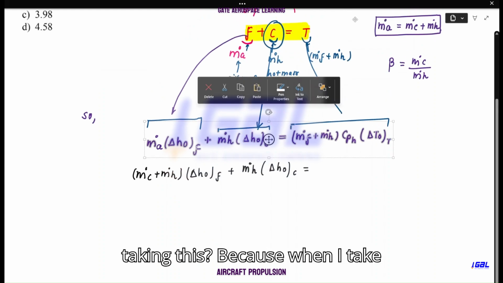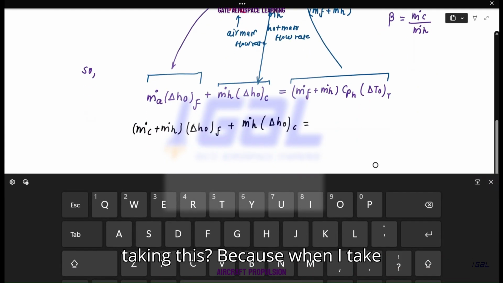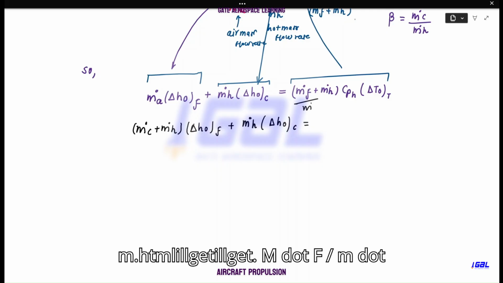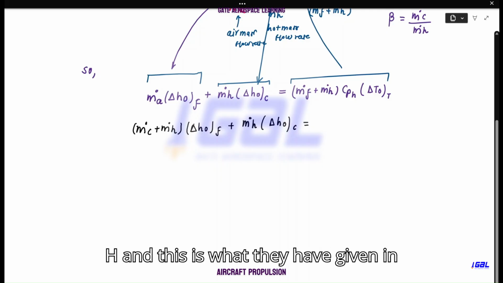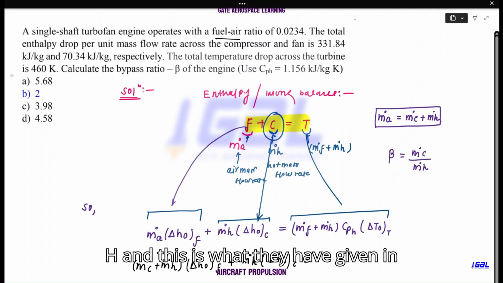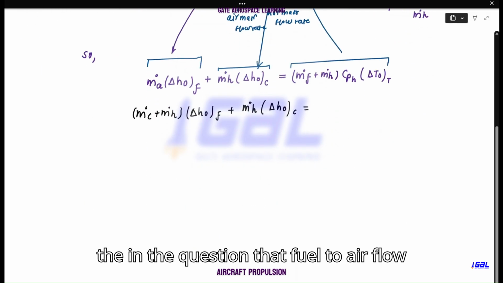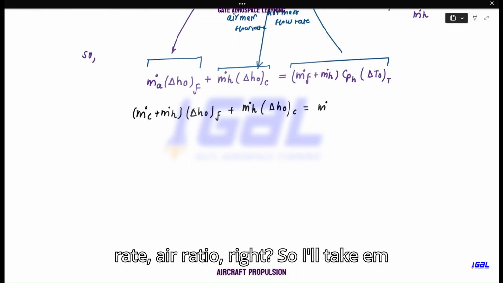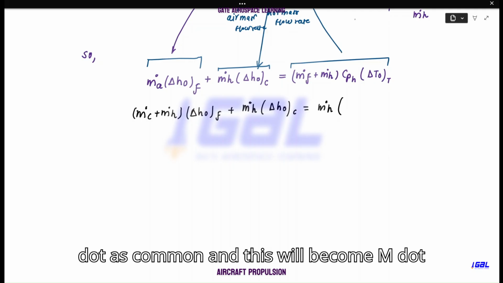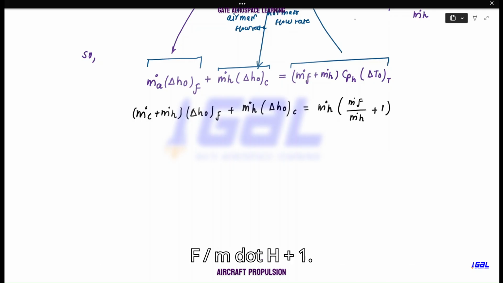Because when I take m dot h common, I'll get m dot f divided by m dot h, and this is what they have given in the question, the fuel to air ratio, right? So I'll take m dot h common, and this will become m dot f divided by m dot h plus 1 cph delta t naught t turbine.